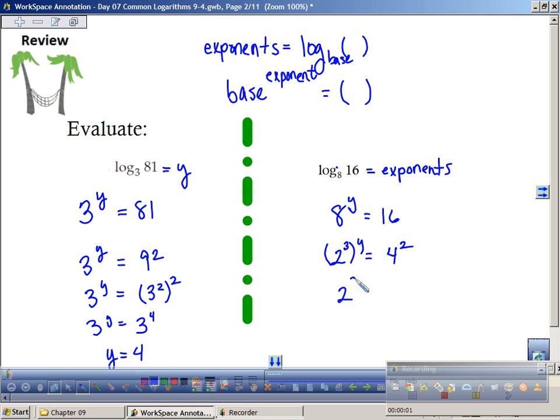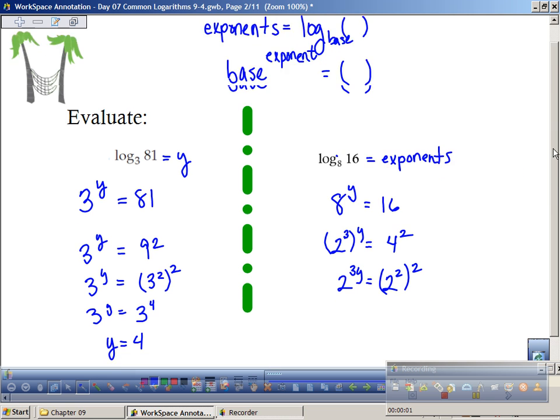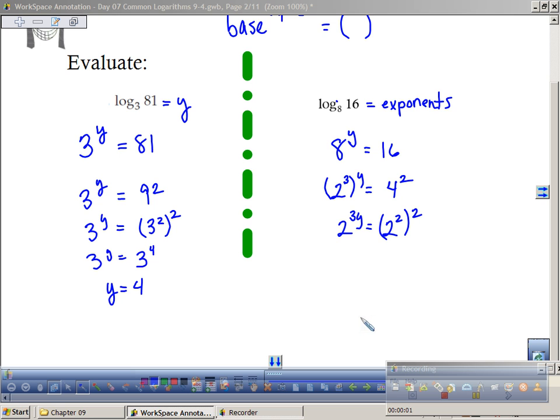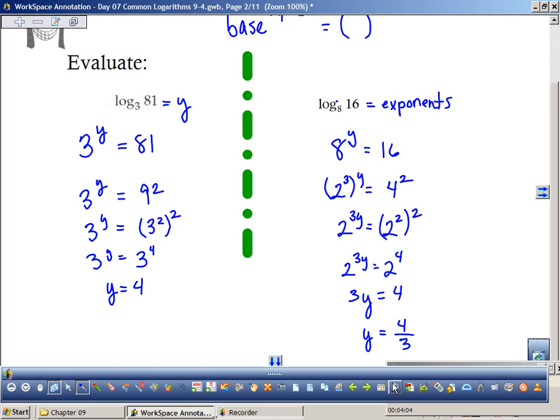Which is 2 to the 3y equals 2 squared 2 times. I'm just going nice and slow. Okay, make the least mistakes. 2 to the 3y equals 2 to the 4. Therefore, 3y equals 4. Therefore, y equals 4/3.